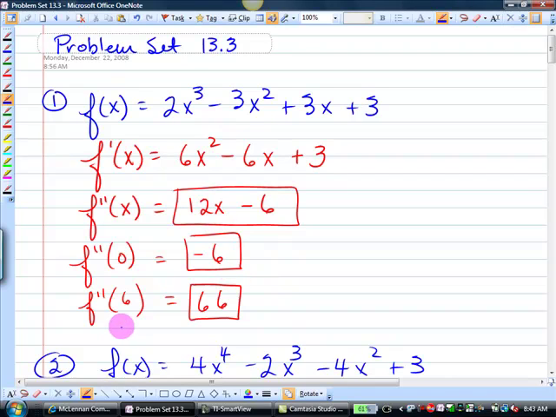If you put in 6 for x, you get 72 minus 6, which is 66. So we're just finding whichever derivative they ask us to find, and then if they say do it for a number, we're plugging in that number. Okay? Questions on that one?